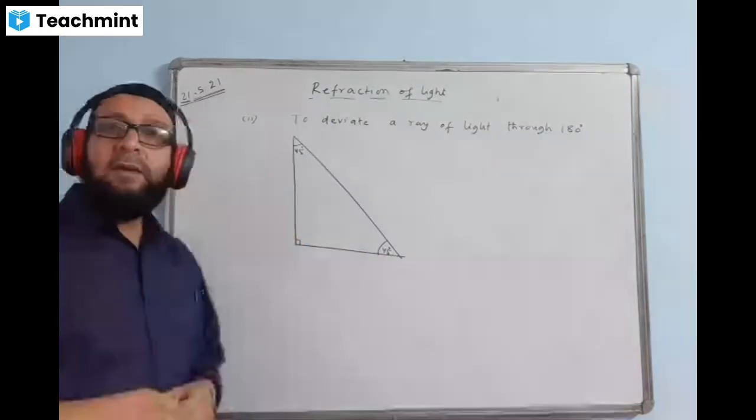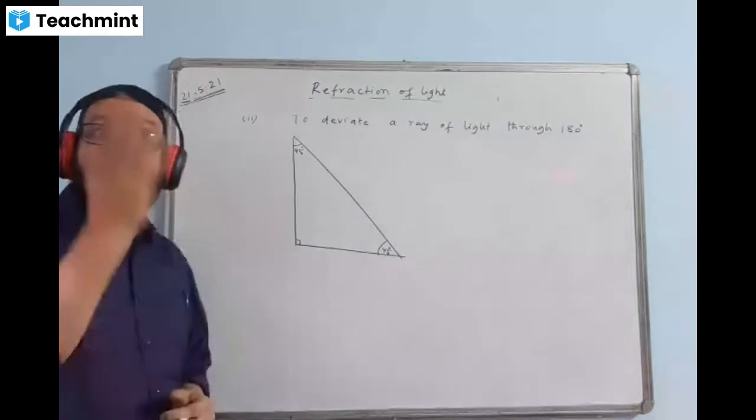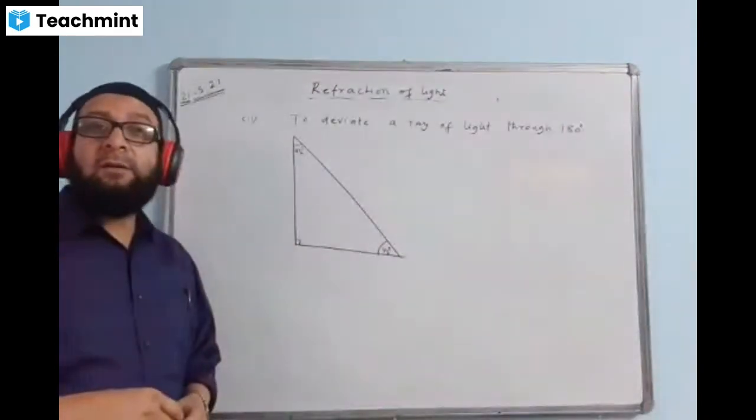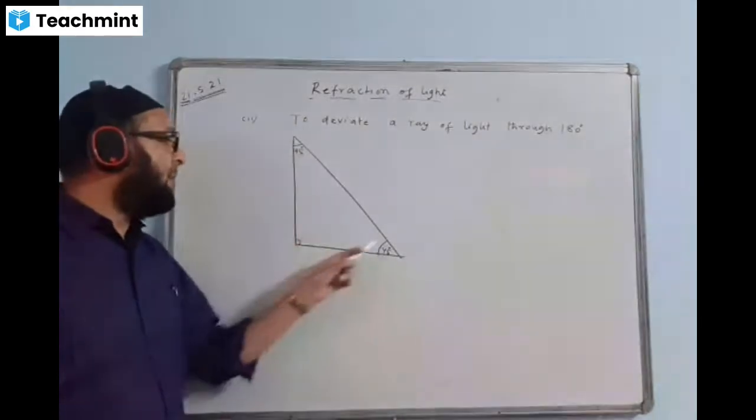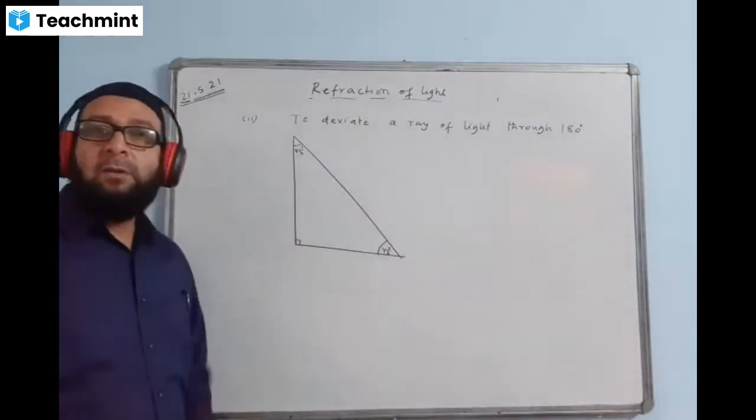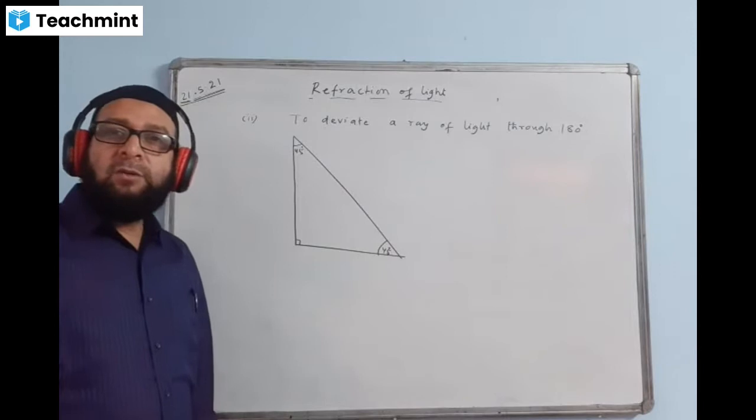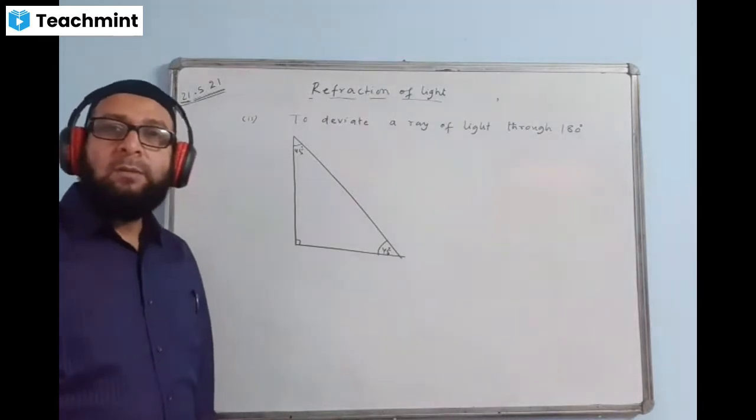Now the ray is entering the prism through the hypotenuse, not through the equal side. These two sides are equal, right? 45, 45, opposite base angles are equal, and sides opposite to the equal angles are equal.